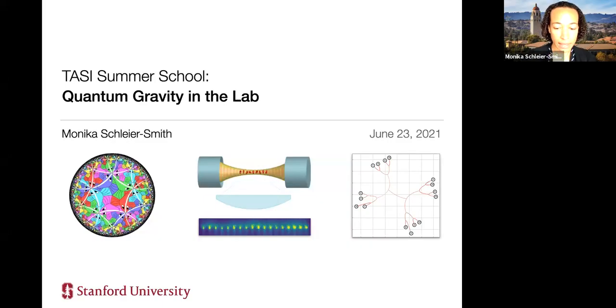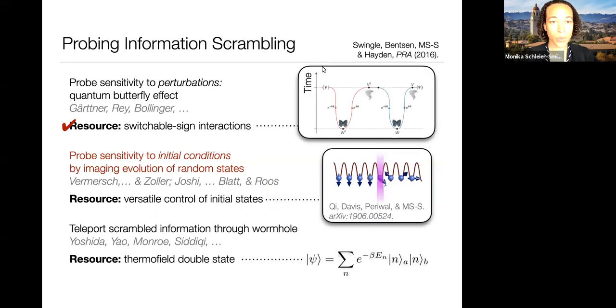So yeah, at the end of last lecture, we had started talking about ways of probing this process of information scrambling. The general idea was that what we're trying to sense is the growth of an operator, the spreading of an operator over a quantum system.